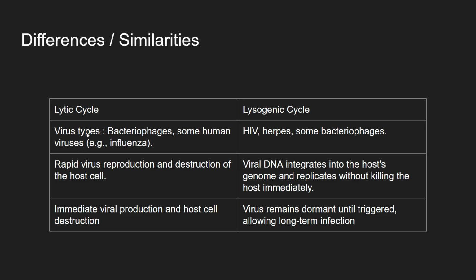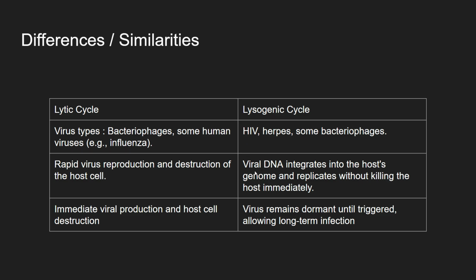Lytic cycles are typically used by bacteriophages and some human viruses, like influenza. The lysogenic cycle is used by much more dormant viruses, like HIV, herpes, and some bacteriophages. Lytic cycle is for rapid virus reproduction, and it destroys the host cell.